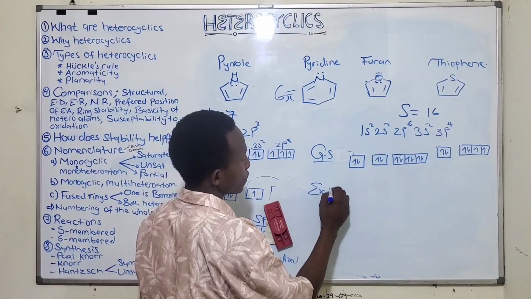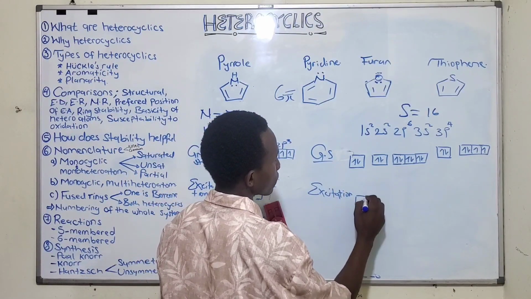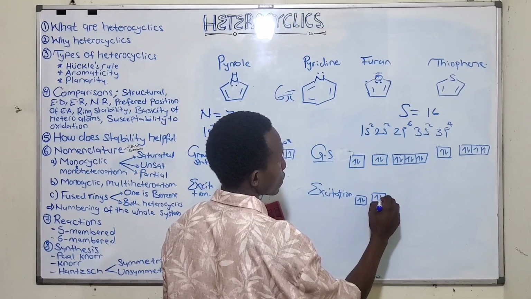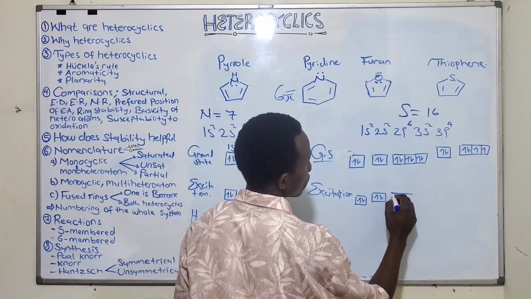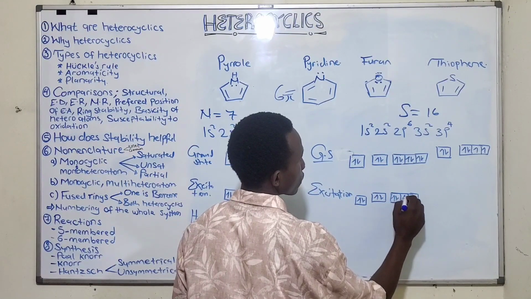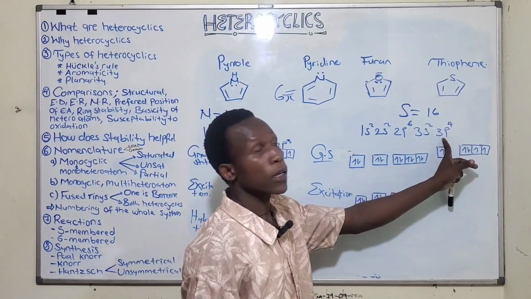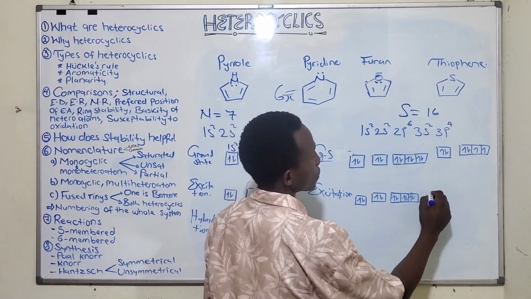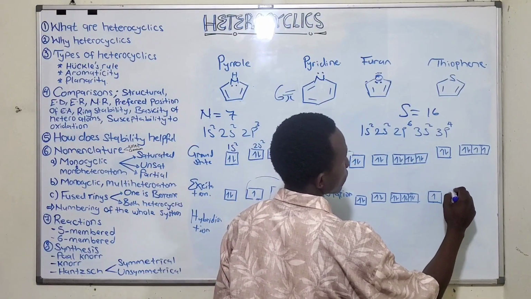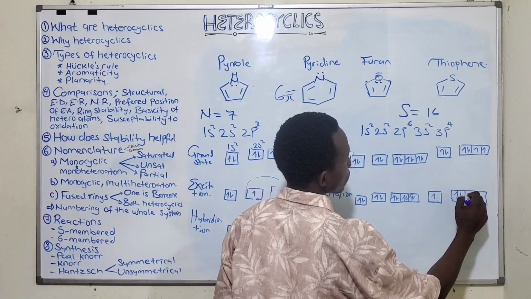Excitation. We shall have this one remaining. Then this one as well. Also this one. Then one electron will go to the 3p. So we shall have one electron remaining here. Then here we have this.